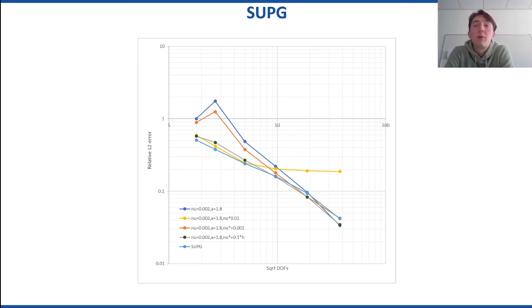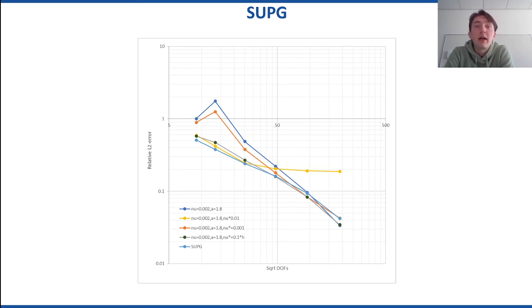Before then, it was practically impossible to get good solutions with the finite element method, stable solutions that you could rely on with any kind of pre-existing technology. And SUPG was really the thing that kind of changed the story there.